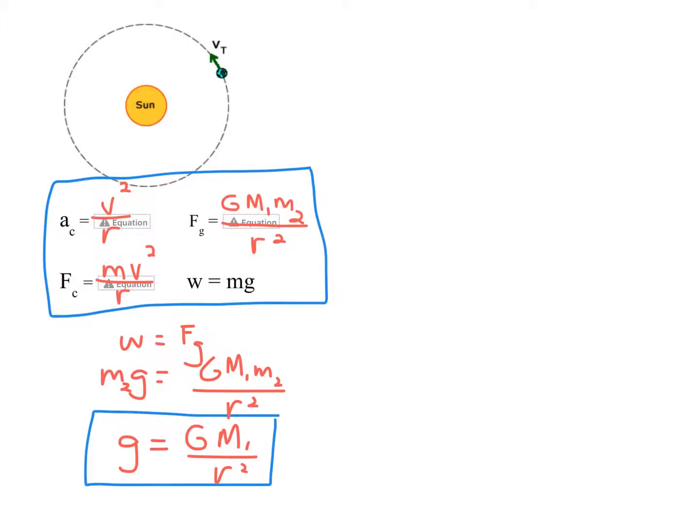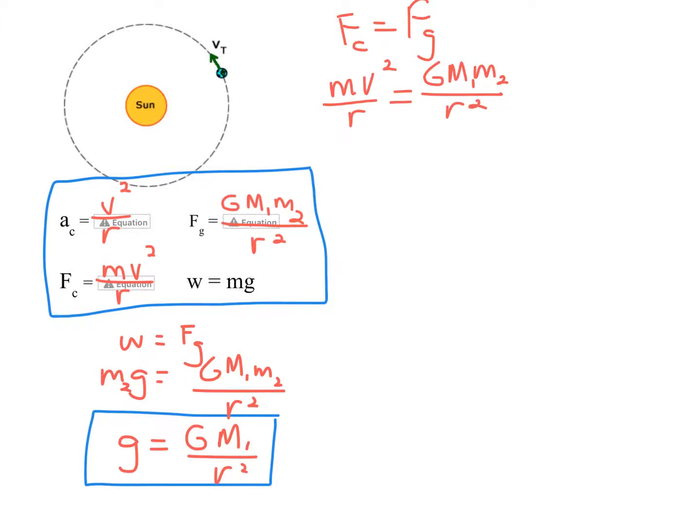We also know that when you are in circular motion, the centripetal force is the force of gravity. If we write that down, F sub c equals F sub g. We look in the blue box off here to the left and plug in the appropriate equation. That is mv squared over r equals capital G m sub 1 m sub 2 over r squared.